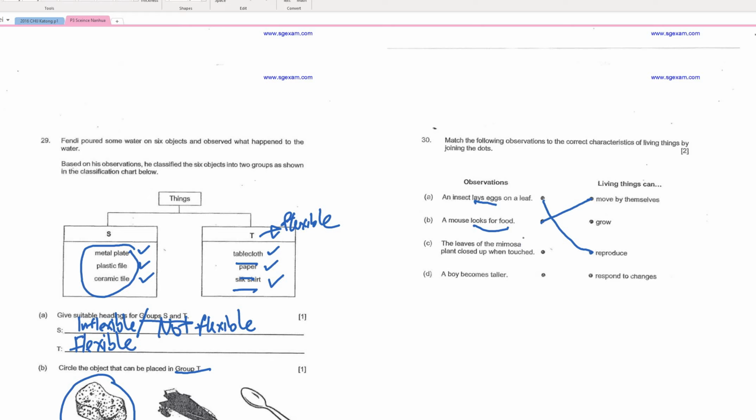Just like when you touch a hot surface, you instinctively move away. So mimosa plants, when they are touched by humans, they close up. So this is responding to changes. And lastly, a boy becomes taller. The boy is actually growing up, so it must be matched to grow.